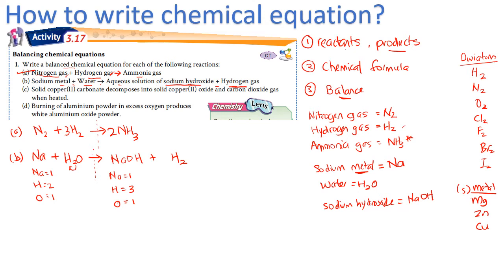Hydrogen is not balanced, so it's not balanced yet. So try to balance it by making the odd number to even number. We try to times 2, so 3 times 2 is 6, and the sodium times 2 becomes 2.